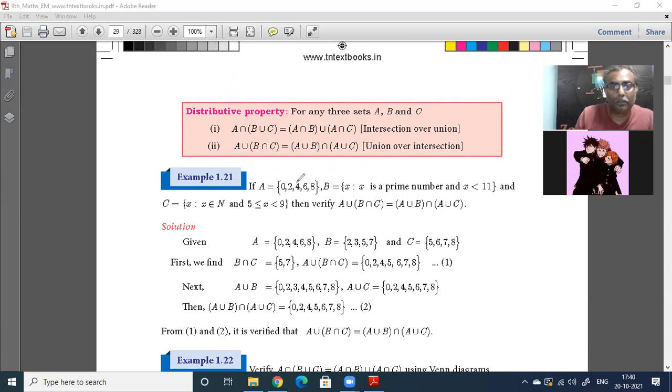A is equal to 0, 2, 4, 6, 8, all even whole numbers up to 8. Then B is equal to X such that X is a prime number and X is less than 11. So X is 2, 3. What else?